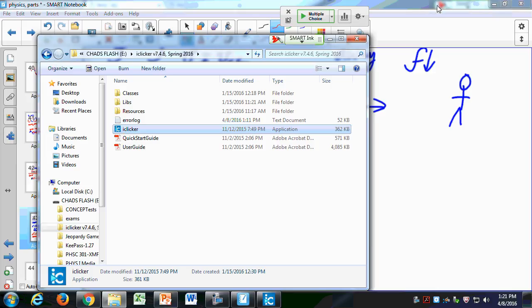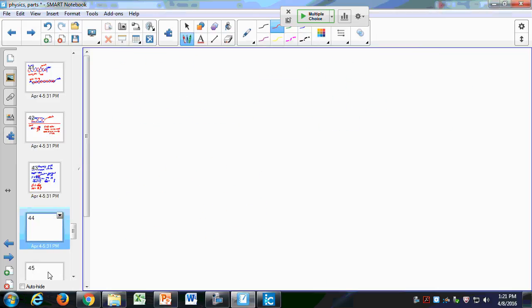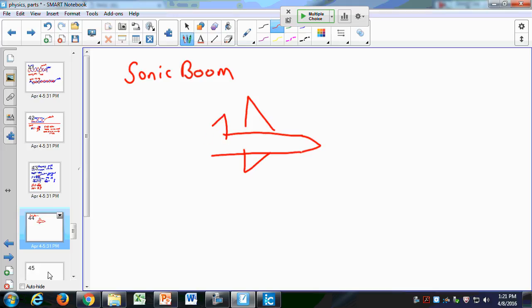The sonic boom occurs when the speed of the object approaches the speed of the sound wave.